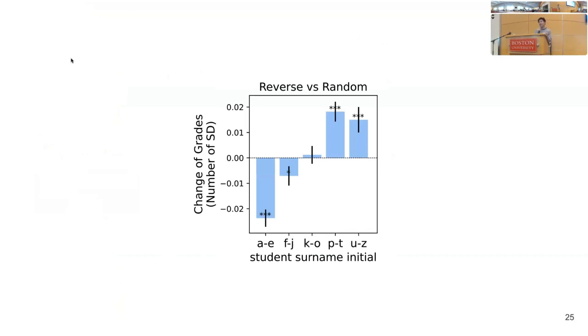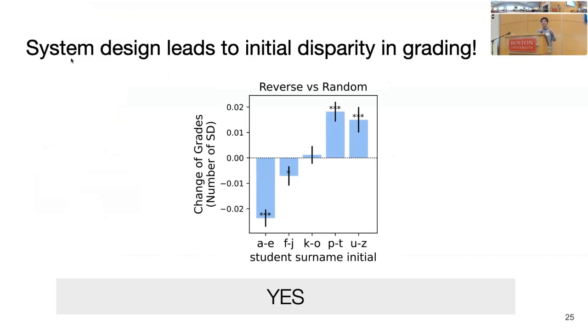Yes, we see that in this setting, it is actually the later initial students getting more benefit because their assignments are graded earlier in this reverse grading setting. And now the earlier initial students are more negatively affected. So yes, it is the system design that leads to the initial disparity in grading, because they're pre-ordering student assignments based on surnames.